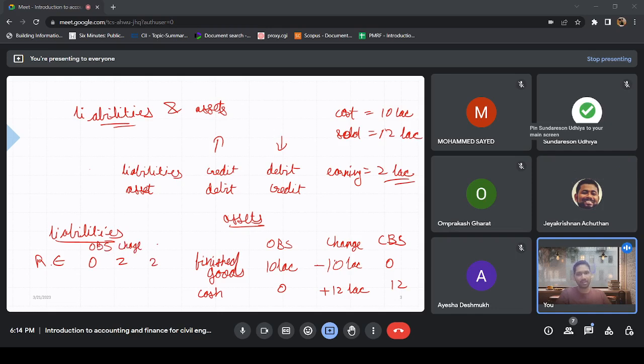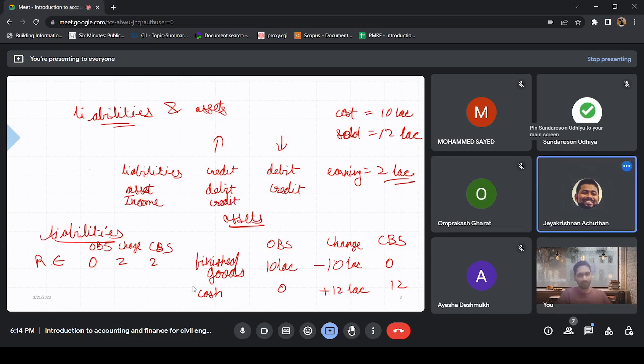So similarly, you can say that if there is some income, and if your income is increasing, it is a credit entry because it is increasing your liability.